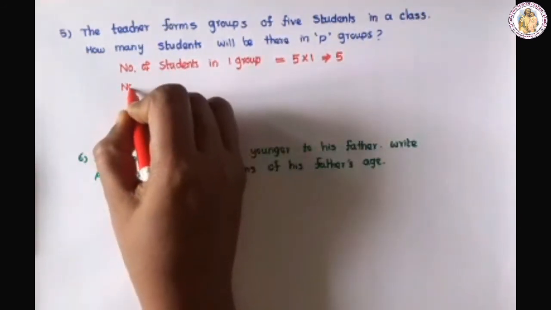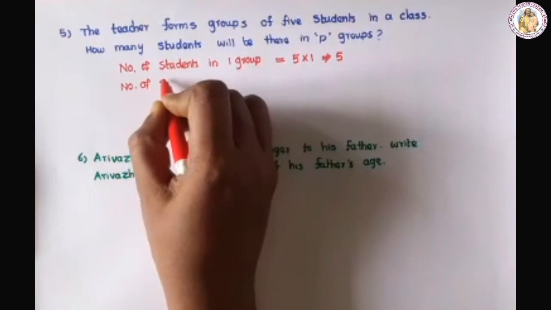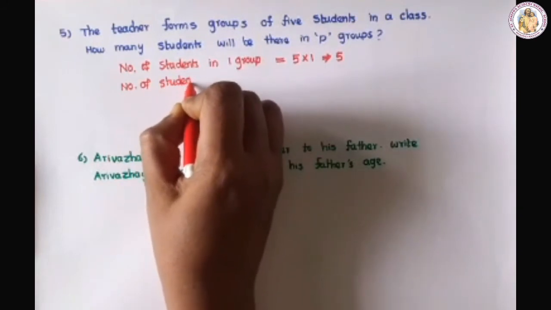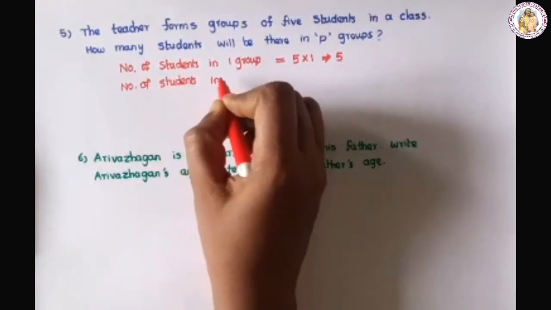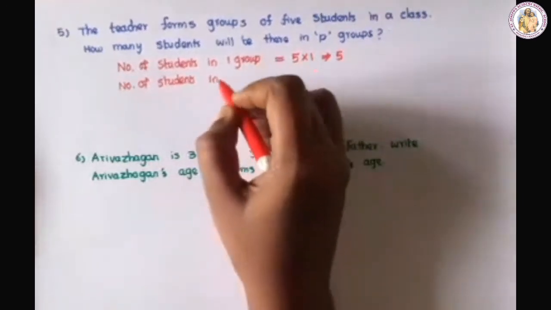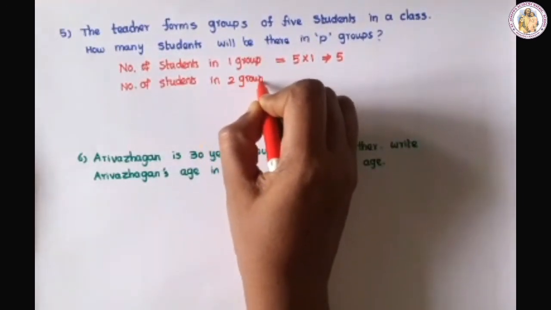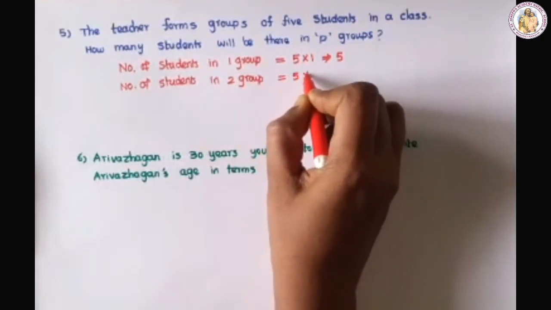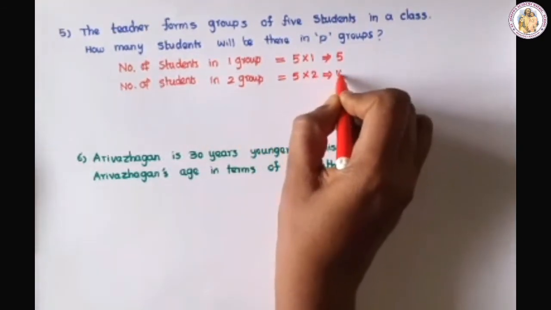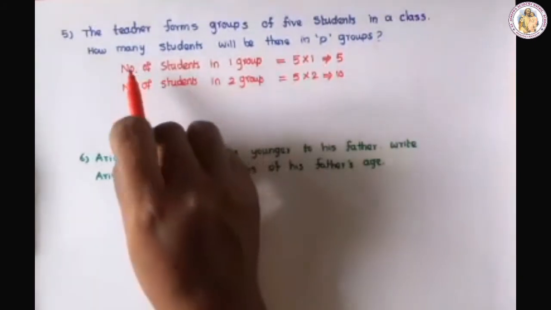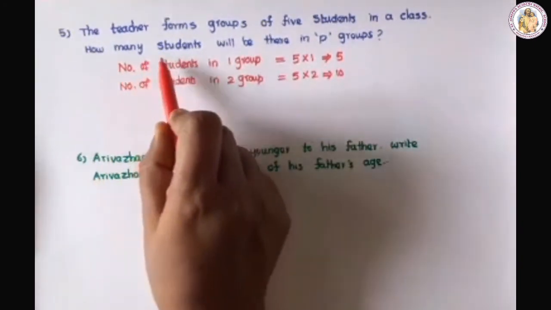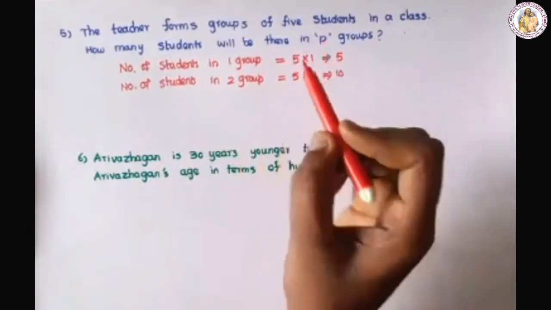So number of students in two groups means 5 into 2, that is equal to 10. Now, what's the question? How many students will be there in P groups?